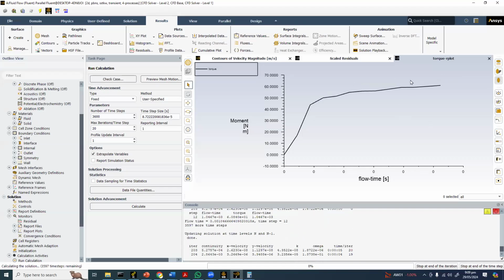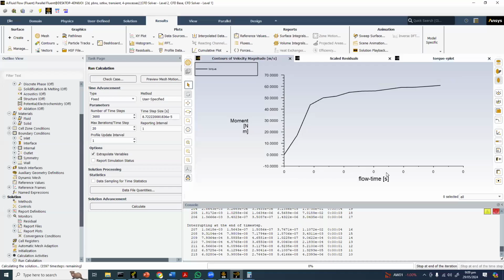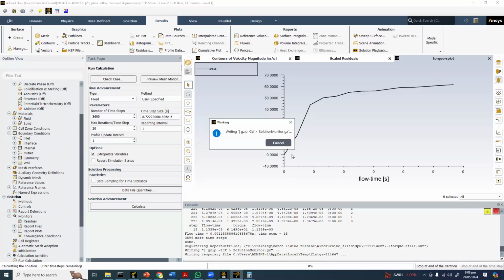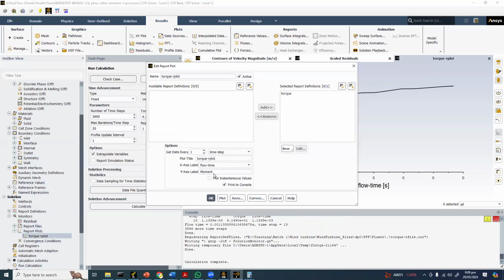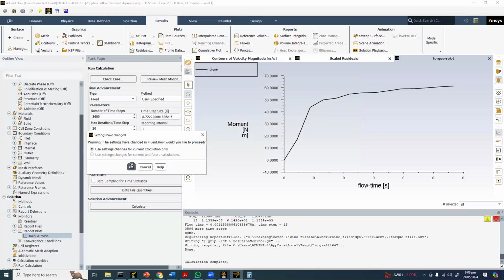Again we can stop here. What I want here is the time steps instead of flow time. Flow time is, if you run 10 time steps, 10 times the time step. Simple. So I go to report plots, torque plot, make it time step, and calculate again.